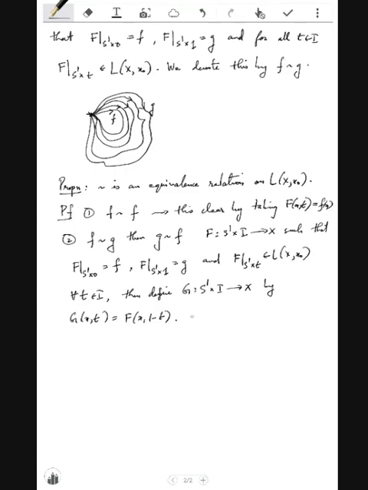So then it is easily checked that G is a homotopy from g to f. The third thing we want to prove is that if f is equivalent to g and g is equivalent to h, then f is equivalent to h.